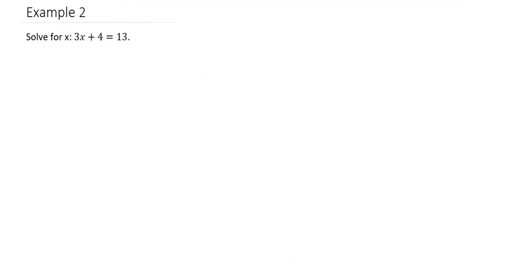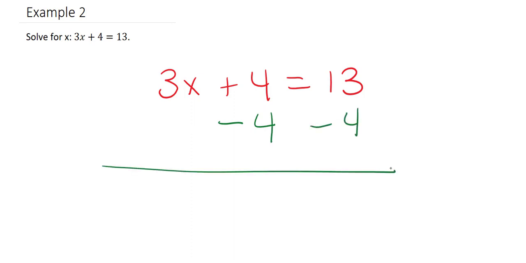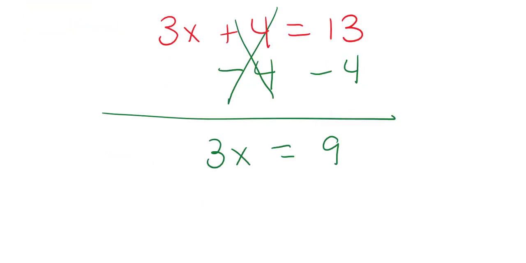Now let's do the next example. Example 2, we're going to solve for the following. We have 3x plus 4, which is equal to 13. Now we're going to subtract 4 on both sides. We're left with 3x on the left-hand side. 13 minus 4, that's 9.